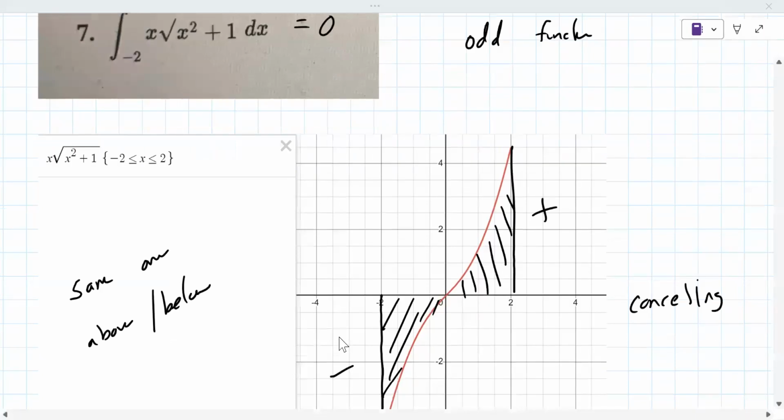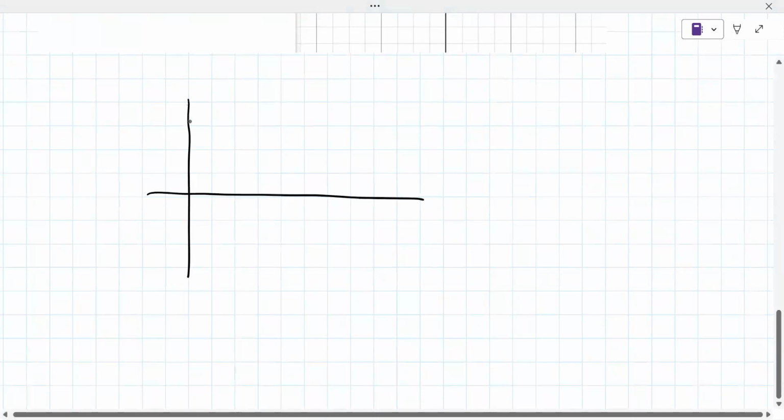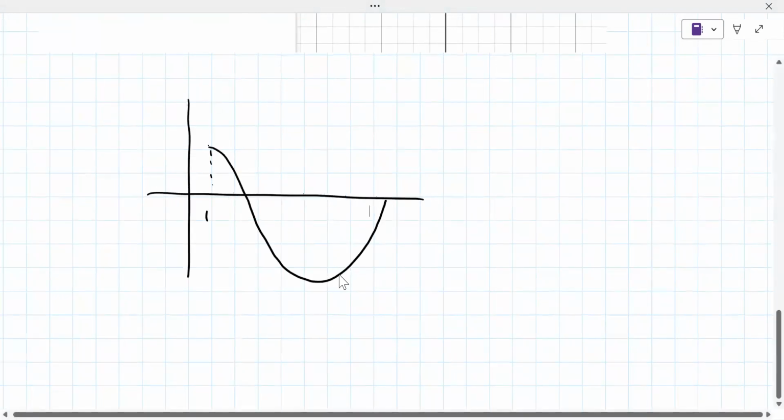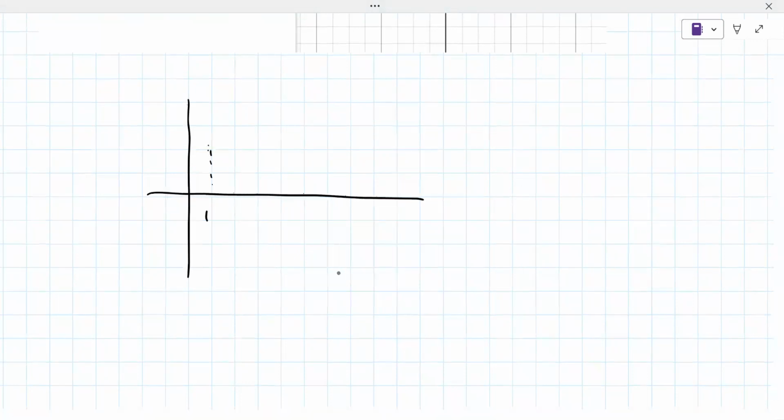Where this is going, let me draw a more generic thing here. Let's say the curve looks like this, and we'll go from 1, 2, 3, 4, 5, 6, 7, 8. I didn't draw that very well. Let me draw this better. Let's say it goes like that.